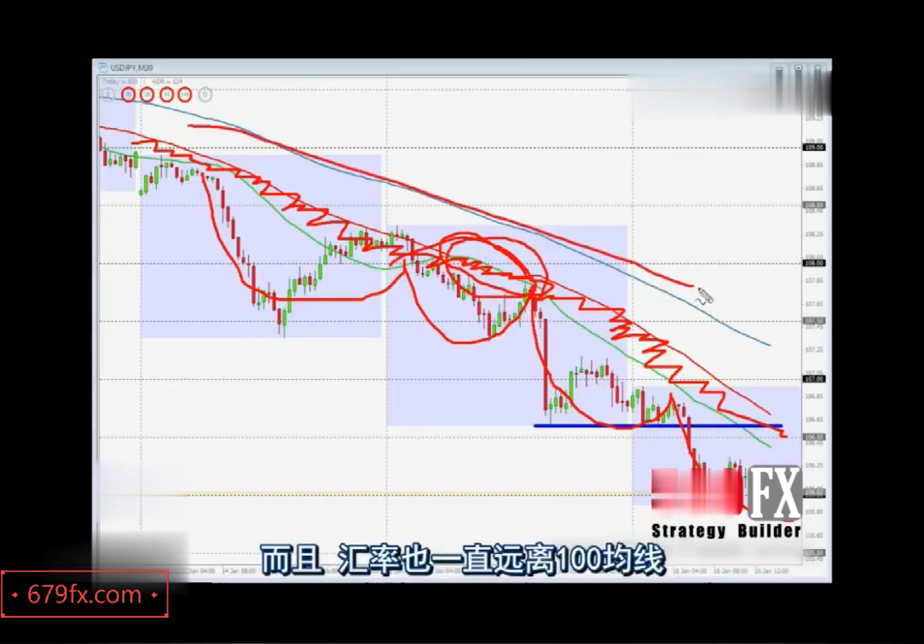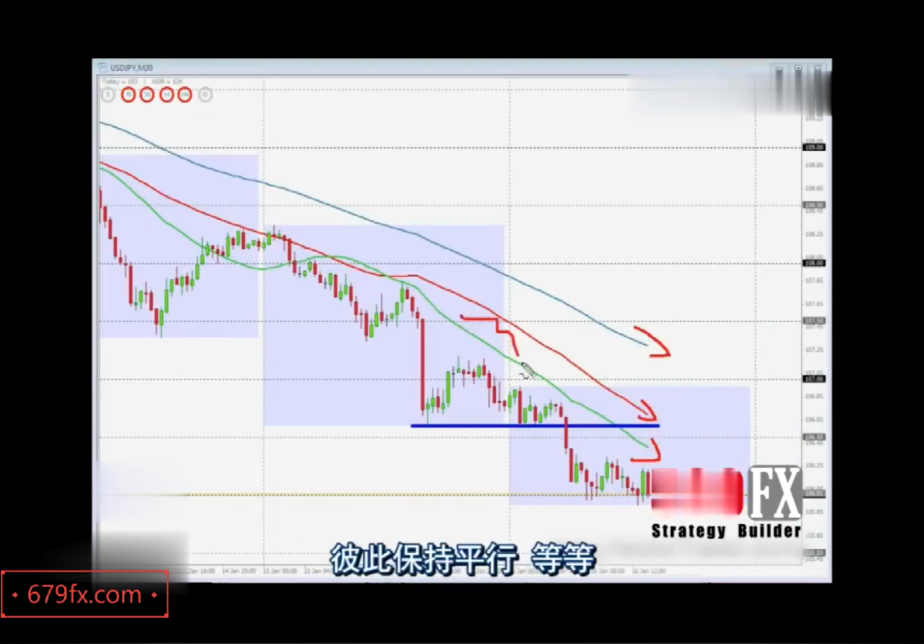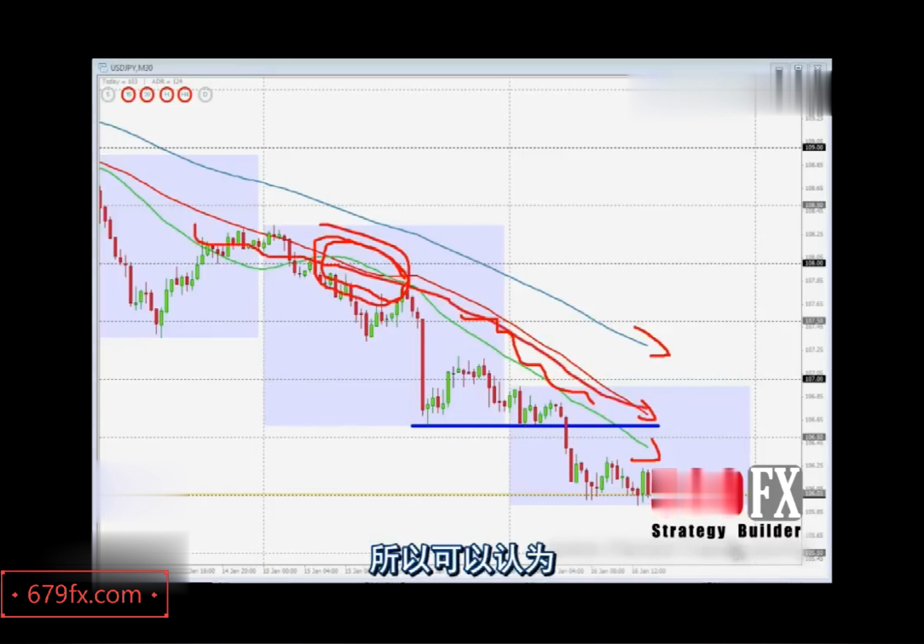Moreover, price is nowhere near the 100 moving average. All of them are pointing down in the same direction, parallel to each other. The only little glitch on this trade would be that small crossover, but it's not a big deal. At no time has the dynamic area of resistance been violated.